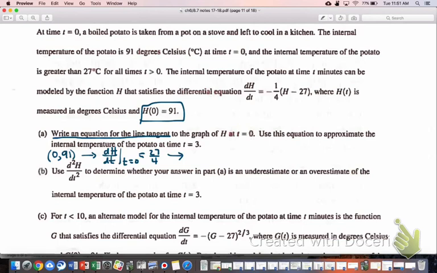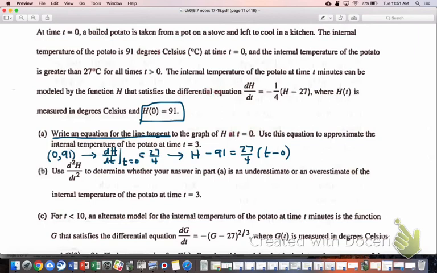I'd probably use h's and t's here. So it would be h minus 91 equals 27/4 times t minus 0. Does that make sense? Just using point slope there.